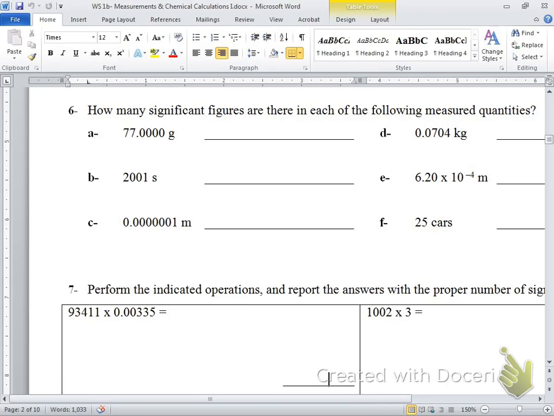B is 4: 1, 2, 3, 4. C is 1. These are all leading, right? What's D? 3. E? I heard 2. 3. Okay, good. And F? Think about it. Unlimited. You got it.